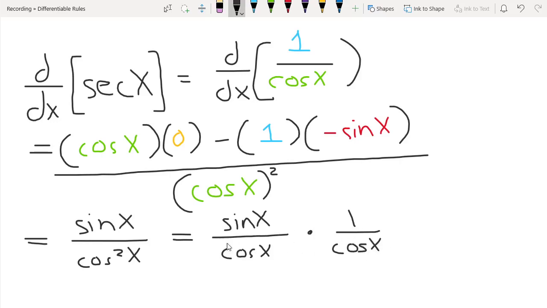And this right here can be rewritten as tangent of x times secant of x. So then tangent of x times secant of x is the derivative of secant of x.